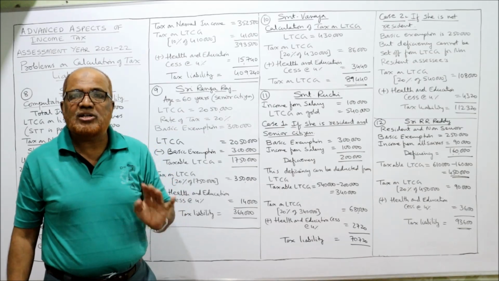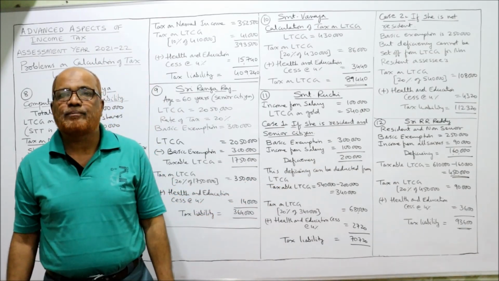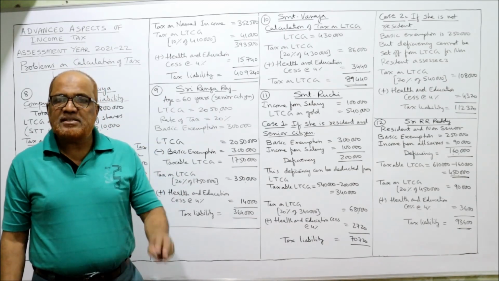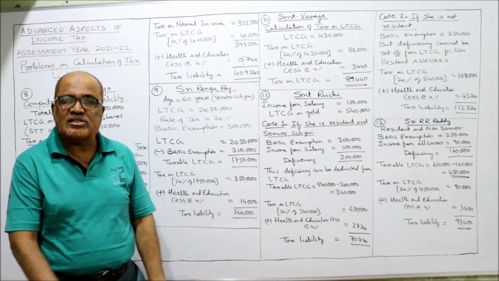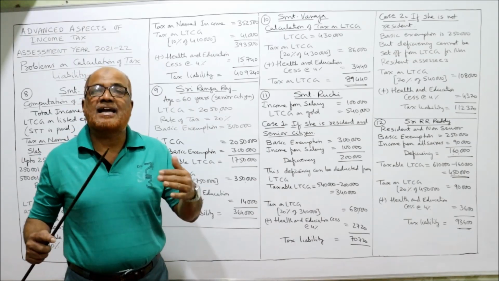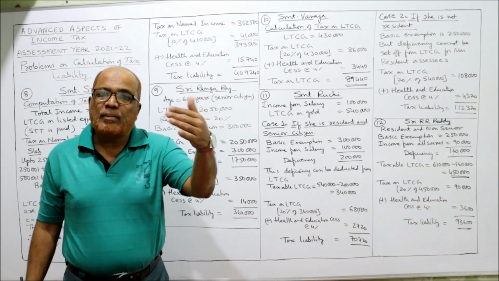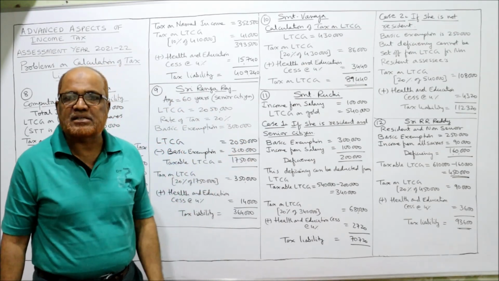That means there is a deficiency. 3 lakh minus 1 lakh, 2 lakh rupees is the deficiency. Deficiency in basic exemption. Basic exemption available 3 lakh, but income from salary only 1 lakh. So deficiency 2 lakh. This deficiency of 2 lakh rupees can be set off from LTCG, and the remaining LTCG will be taxed at a flat rate of 20%.